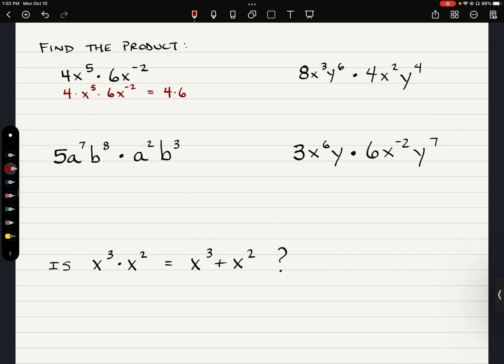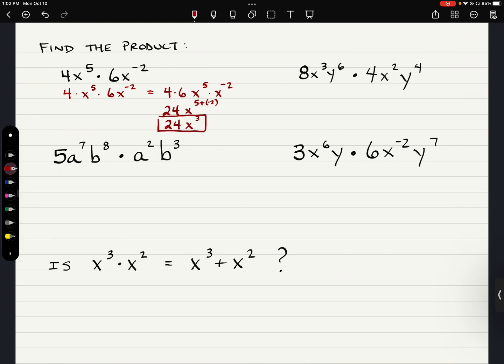Just go ahead and put our 4 and our 6 together, and then x to the fifth times x to the negative second, and that's 24 x to the 5 plus negative 2, which is just 24x to the third power. Remember, you're adding those exponents together.